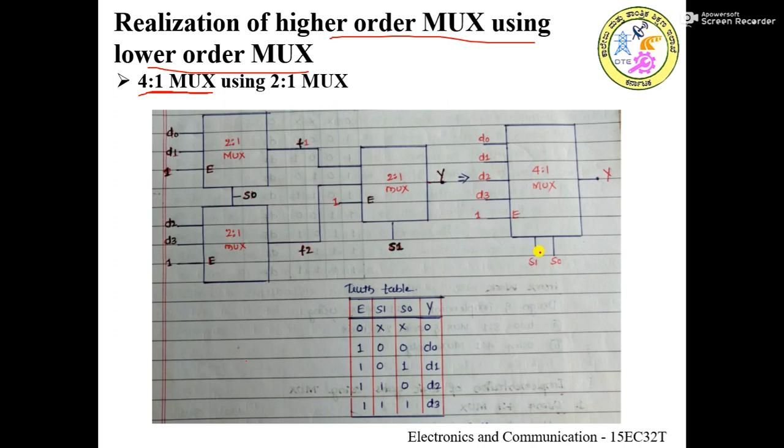With 0, 0, D0 is selected and its content is routed to the output line Y. With 0, 1, D1 is selected and its content is routed to Y. Similarly with 1, 0, D2 is selected, and with 1, 1, D3 is selected and its content is routed to output line Y. I want this functionality of a 4:1 mux, but I don't have this 4:1 mux IC with me. What I have is a 2:1 mux IC in our lab. Now we shall see how to implement the functionality of a 4:1 mux using a 2:1 mux.